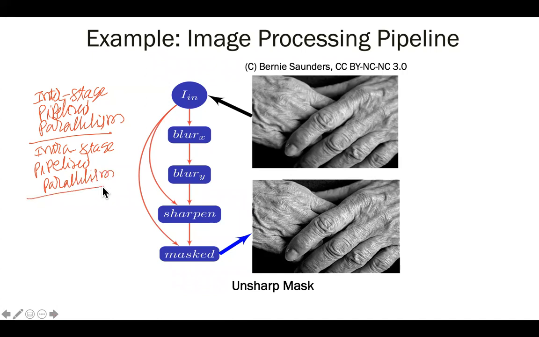And also it is quite possible for us to apply what is called channel parallelism. Right now we are seeing only a gray image, but if you are applying the same operation on the RGB channels, we can process all the channels in parallel too.